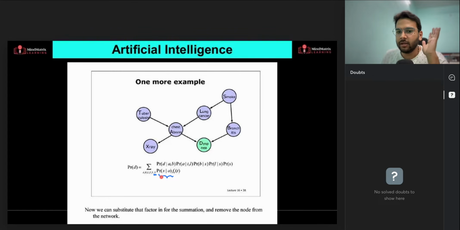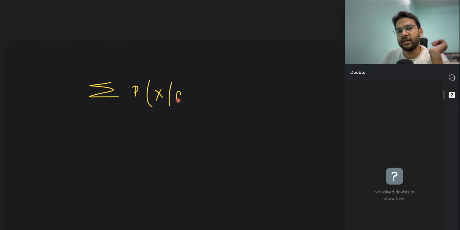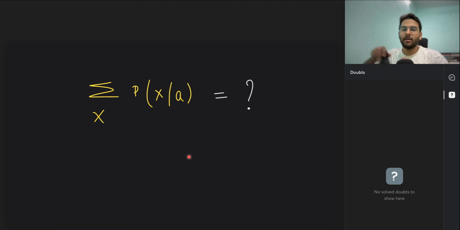Can anybody tell me, if I simply ask you one simple thing, probability of X given A, summation over X, what should be the value of this? Think about it. Very good. That is absolutely correct, Gurdeep.